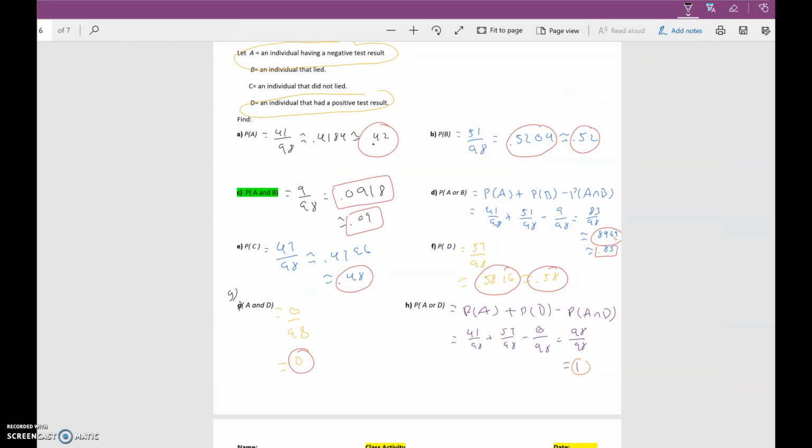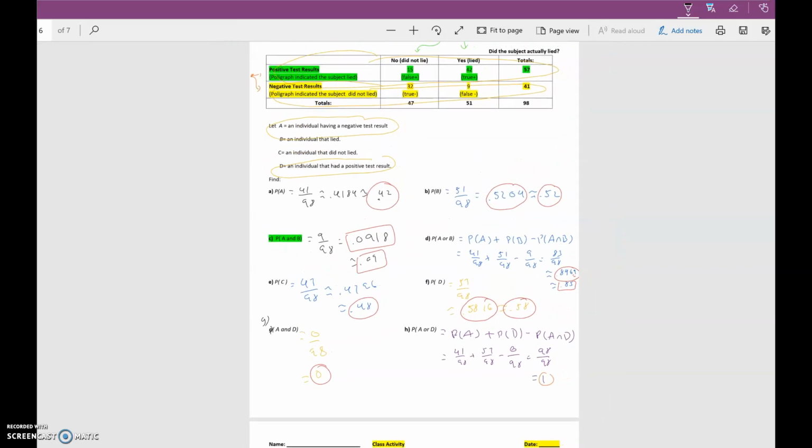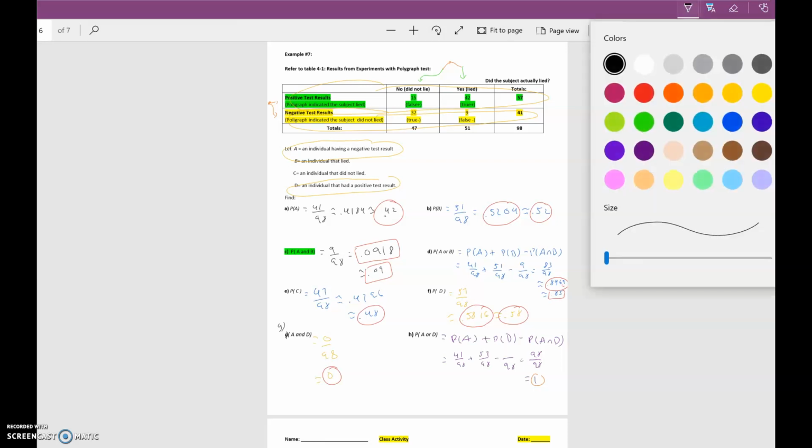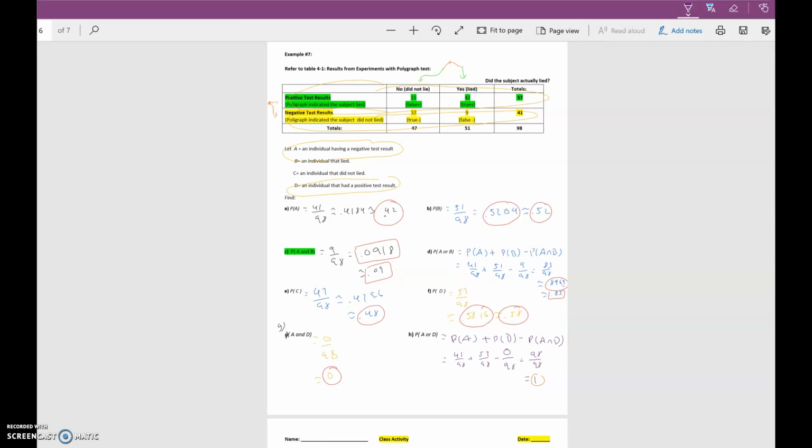So this is supposed to be probability. So that's actually it for this table on example 7. Let me double check. This is supposed to be a 0, since there's no intersection. No, that's it.